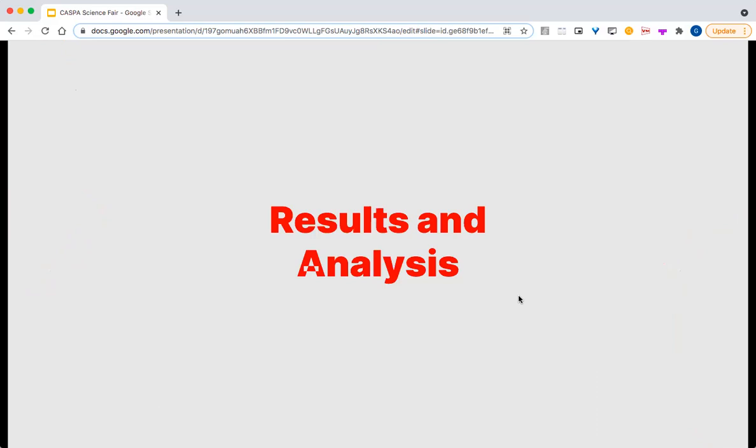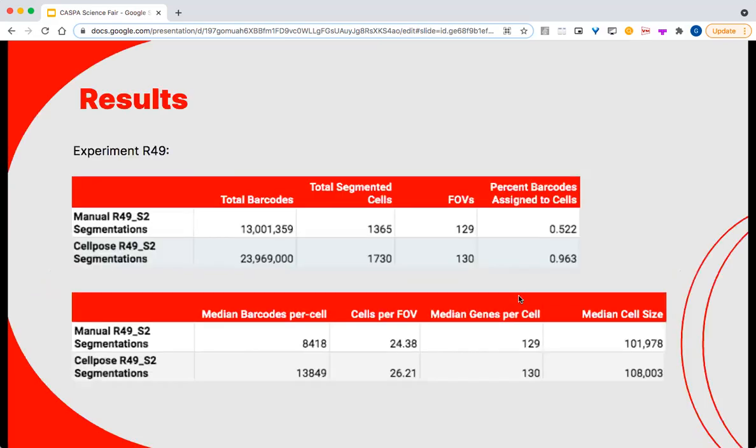Okay, so for my results, for experiment R49, this first table showcases the results of segmentation in terms of all the cells grouped as a whole. And the second table down here showcases the statistics for individual cells.